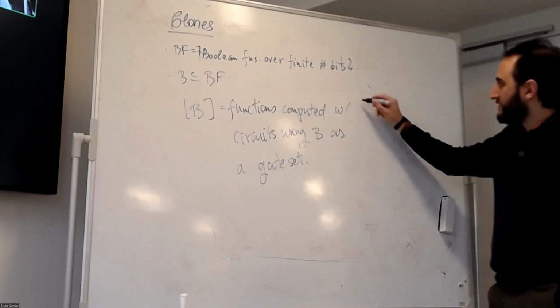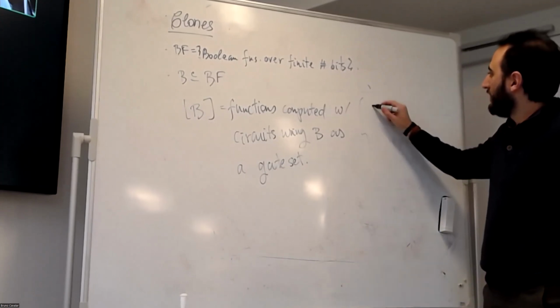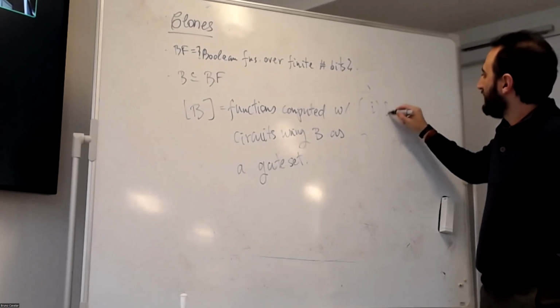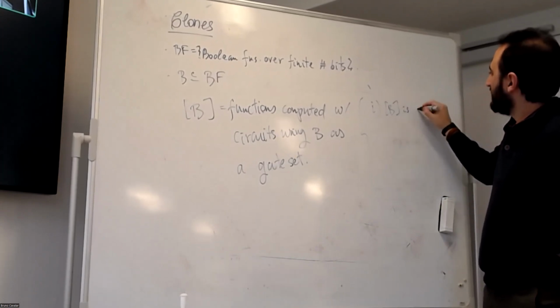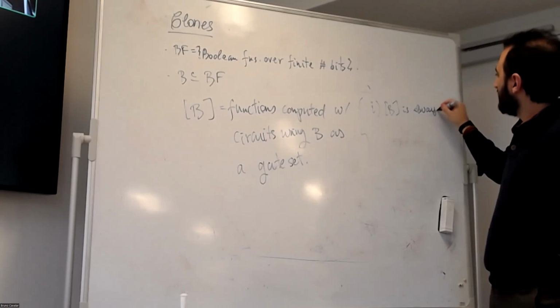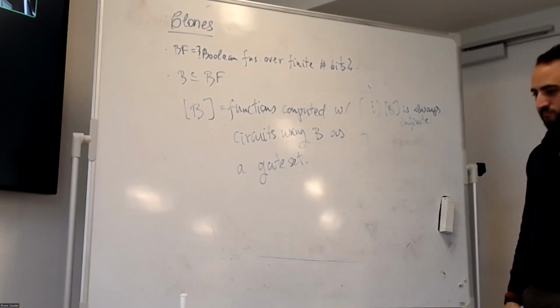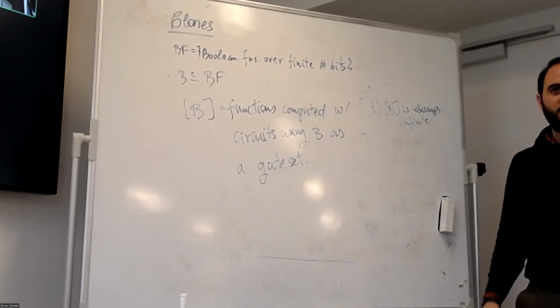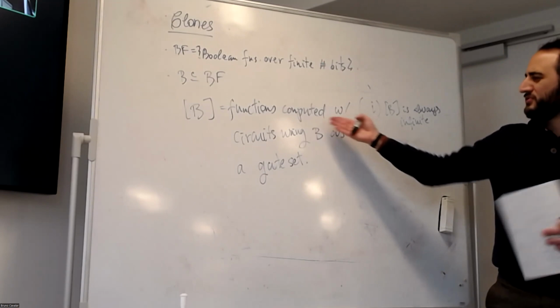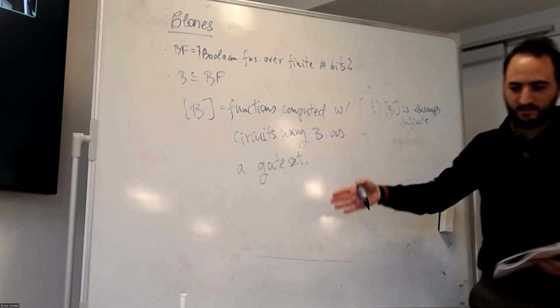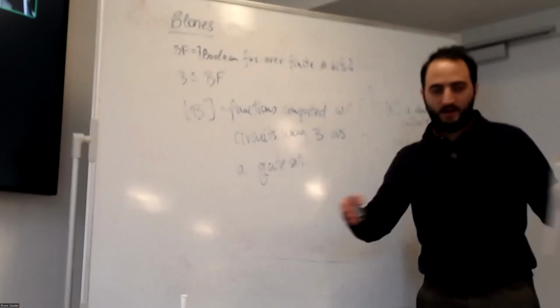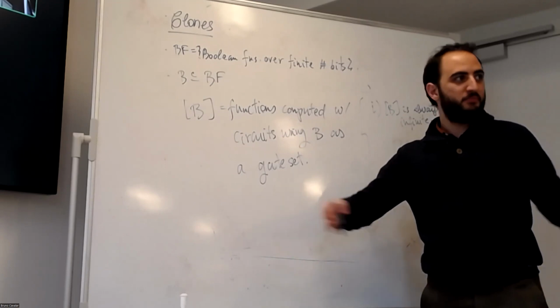Two observations. One, the closure of B is always infinite, because I'm saying the functions are combined using B as a gate set, and you can have an arbitrary number of inputs.